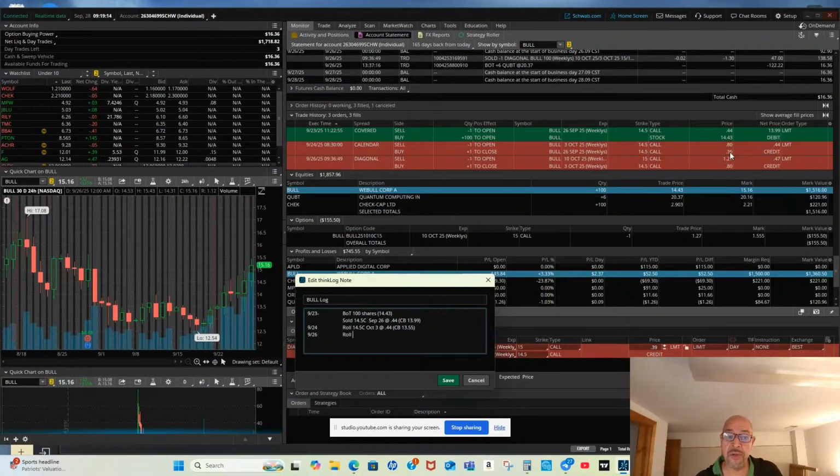Now, 2 days later on Friday, I was able to go ahead and roll once again that 14.50, but this time, because over here looking at the chart, by Friday, these are each day, and I'll go over what candles are, but you can kind of visually see that it was going up each day.